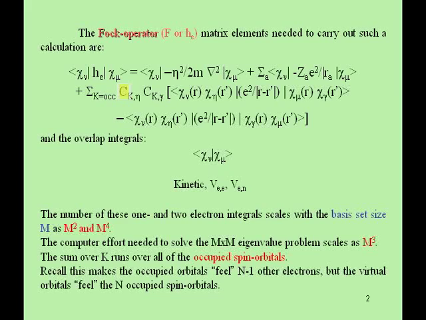But one of the things I want to stress here is that suppose you had a molecule that had, say, 10 electrons, and you were interested in the ground state configuration where you fill 5 orbitals with 2 electrons each. And suppose you had 100 basis functions in your problem. Then this matrix would be 100 by 100. But there would only be 5 occupied orbitals.